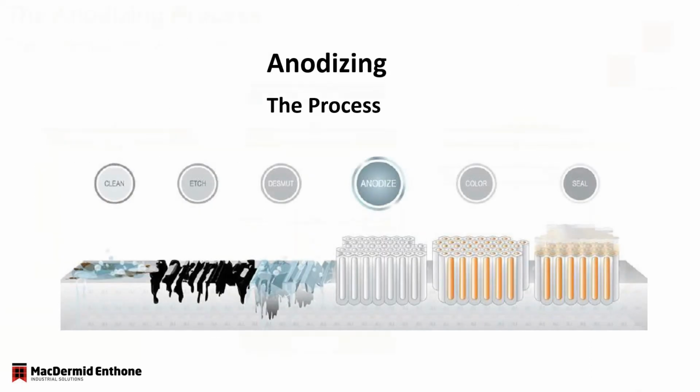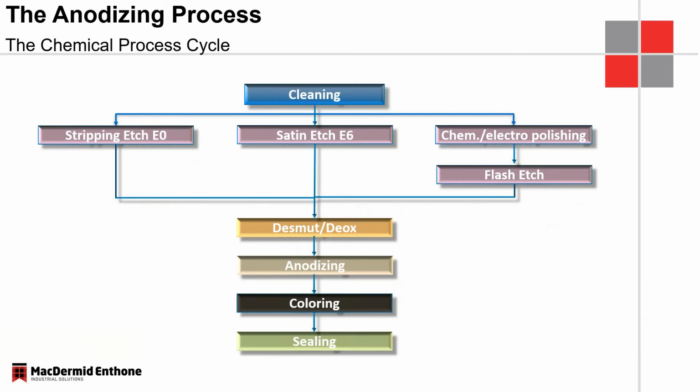So if you look at the anodizing process in itself, it's relatively simple, and it always follows the same process sequence here. First of all, we have a cleaning step, and after that cleaning step, we have to choose a certain way for these components, depending on the final appearance and what is required.